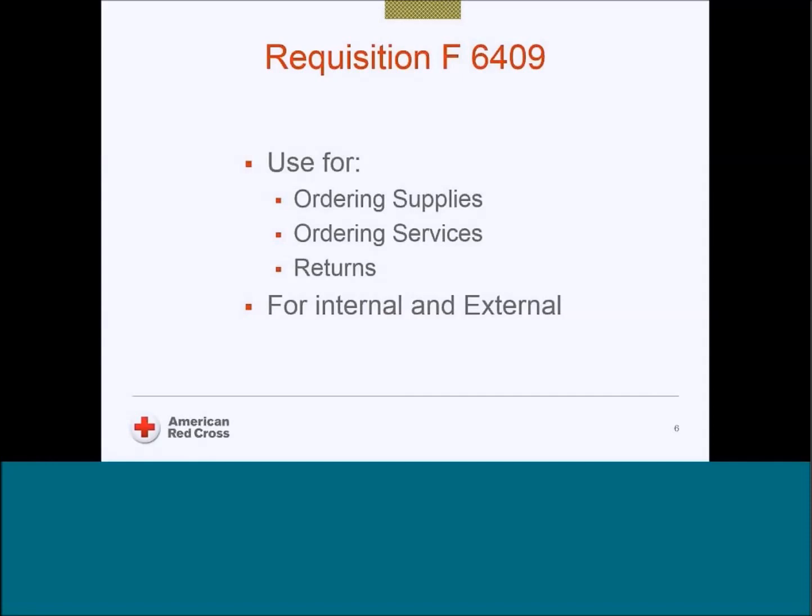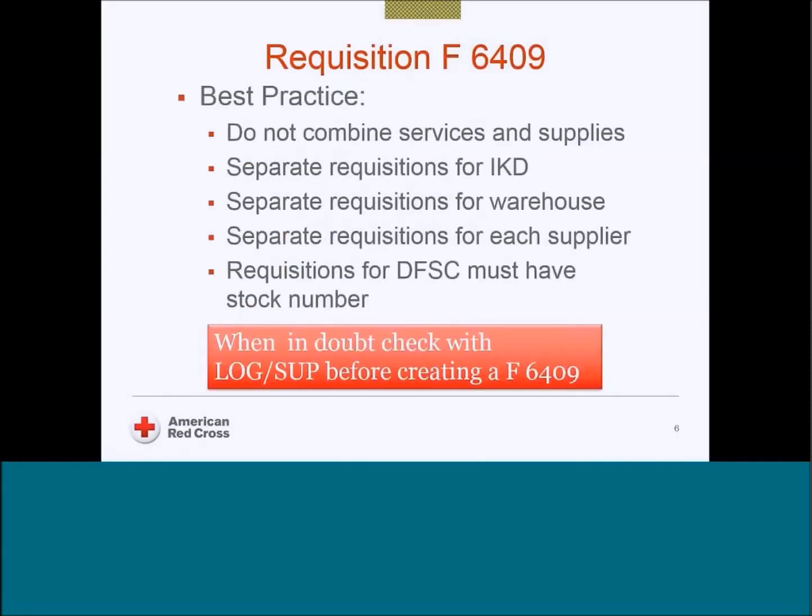But even if we're ordering items within the DROs, for example, for the DST, Disaster Service Technology, if we need computers or cell phones, we'll use the 6409. If we need a rental car, we'll use the 6409. So those are internal. So it's not used just outside for suppliers, but it's also used internally as well.